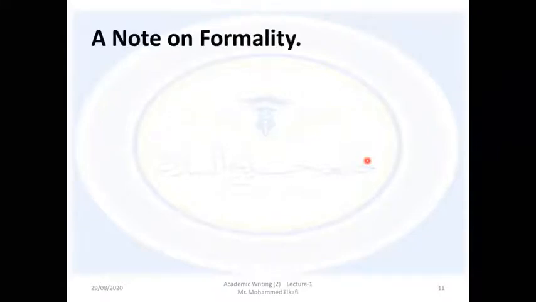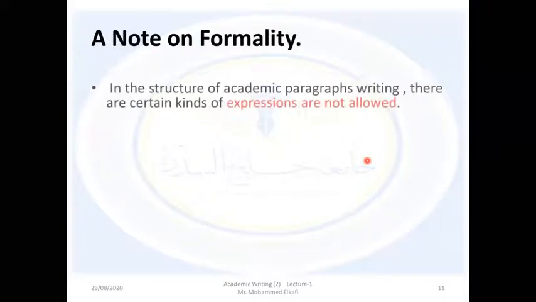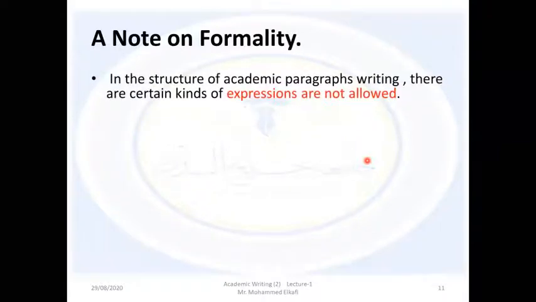Now let's move to some points about the formality of writing. Formal writing. In academic writing, we should think of some points that help us when we write an academic paragraph. In the structure of academic paragraph writing, there are certain kinds of expressions that are not allowed.